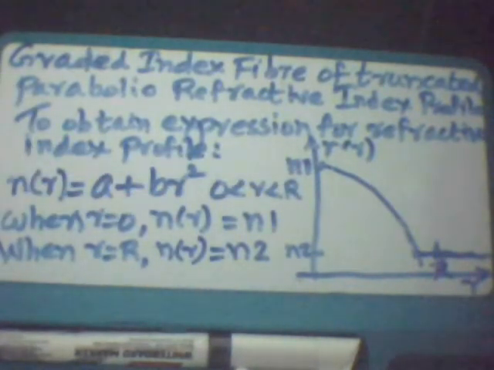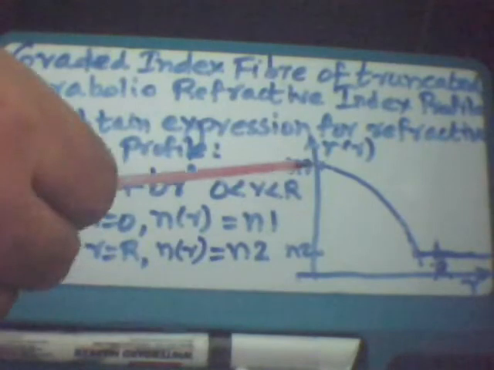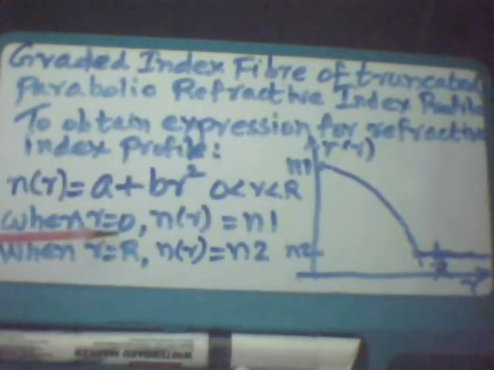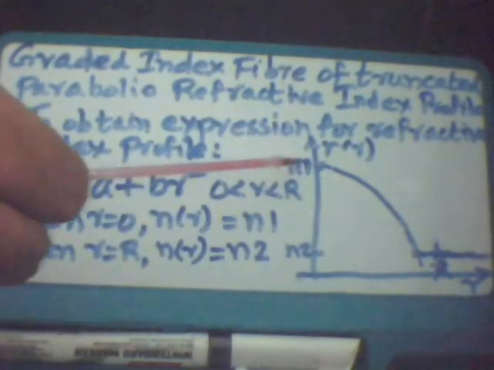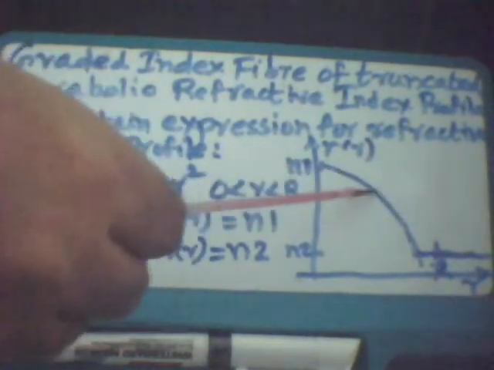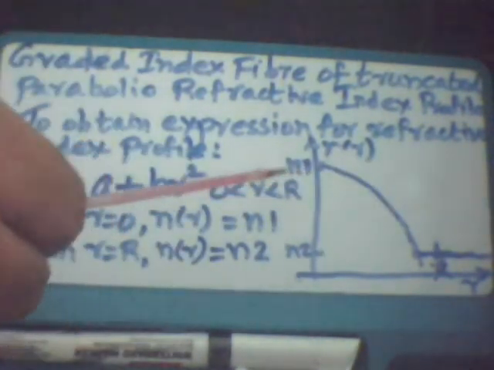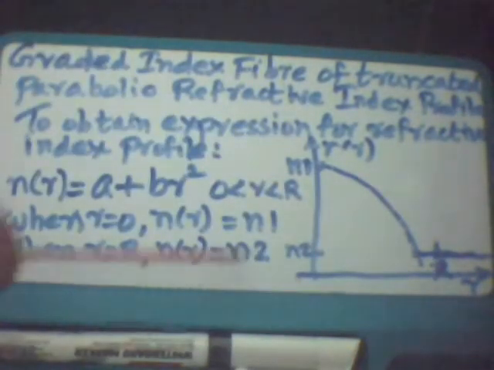So r is variable. This means that when r is equal to 0, that is along the axis of the core, n of r is equal to n1. Then it varies gradually, according to a parabolic profile, and when you reach the edge of the core, that is at the periphery of the cladding, when r is equal to R, R is the radius of the core, n of r becomes n2.